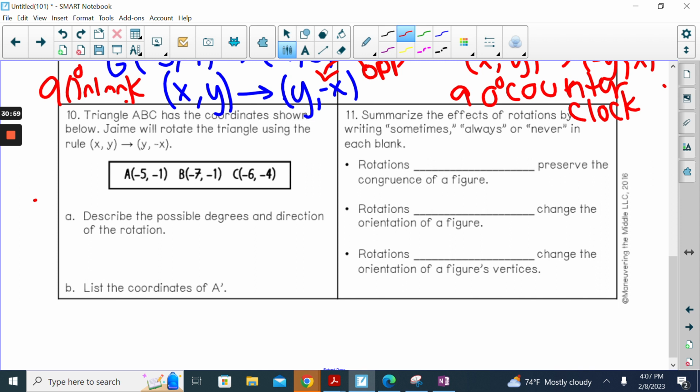And when you move x to the back, make sure you switch the sign. You're going to do that for A, B, and C. And you should be able to use that rule to describe the possible degrees of direction of the rotation using 4, 5, and 6. And you only have to give the coordinates of where A would go following that rule. And then I want you to do number 11.